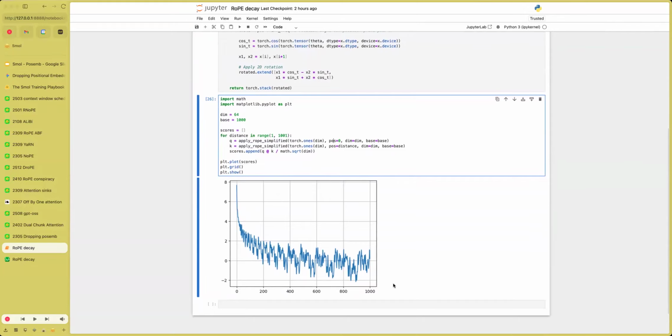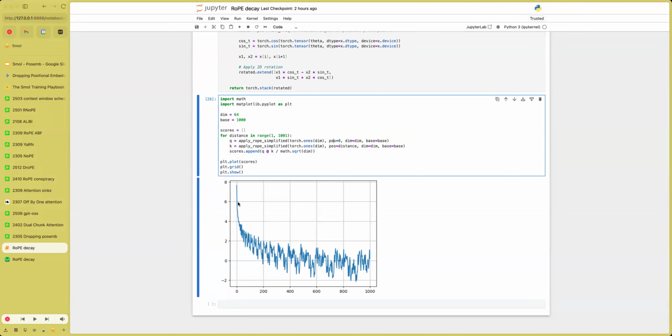Sorry for not labeling the axes. The x-axis is the relative distance between tokens, and the y-axis is the attention score. We see that automatically we are looking at close tokens with better attention.